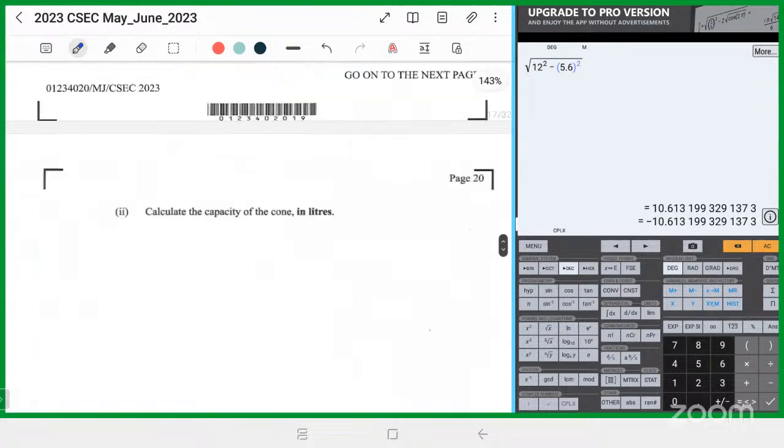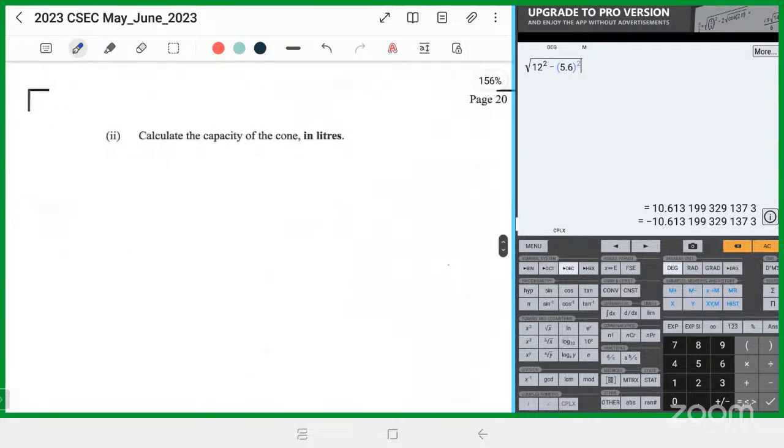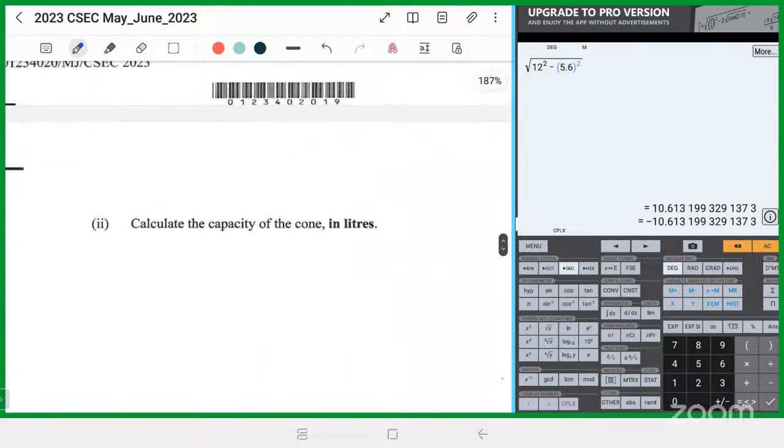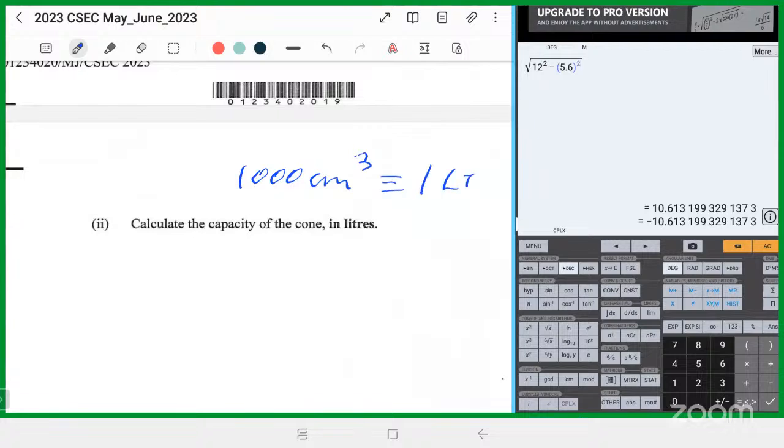All right. Next one says, calculate the capacity of the cone in liters. Now, to get to the liters, you have to know that 1,000 cm cubed is the same as 1 liter. That's what we have to know. You're going to calculate in cm cubed first because all dimensions are in cm. Remember that the volume of a cone is one third pi r squared h.